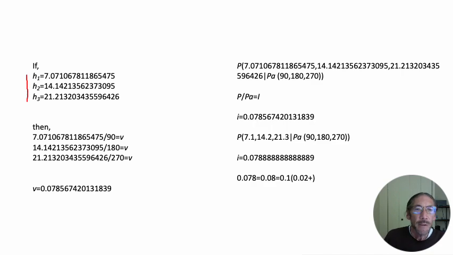Hypotenuse 3 represents the third line out. Second line out is 14.14, and the first hypotenuse is 7.07, also represented as 7.1. If you round up, then it becomes 7.1, 14, and 21.21.